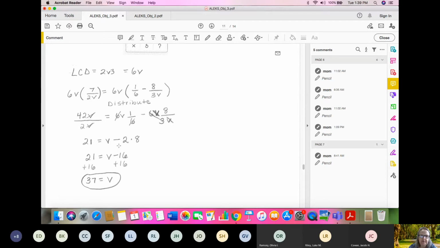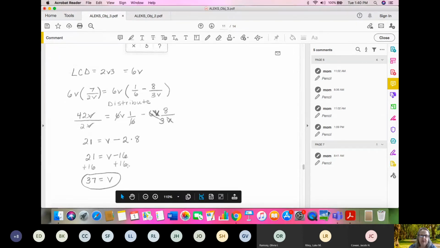Minus 6 divided by 3 is 2. V divided by V is 1. 1 times what's left is what's left. And then we have the 8 right here. So we get this. So this is 21 equals V minus 2 times 8, 16.